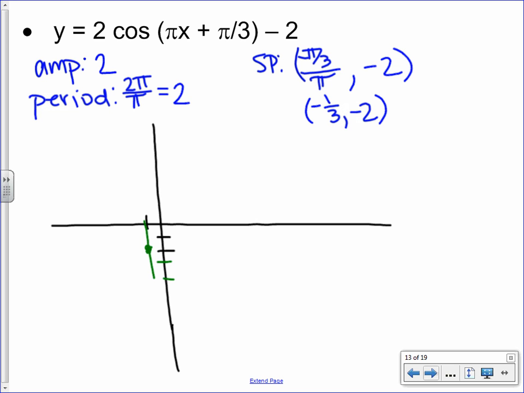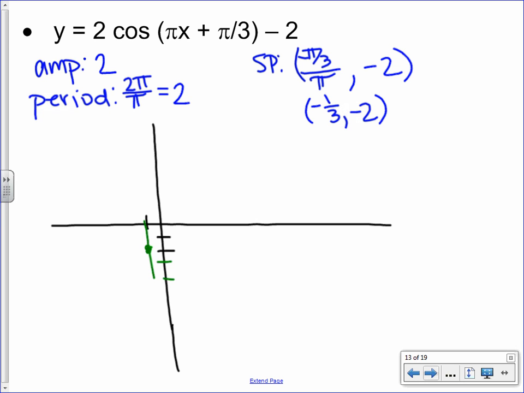How long should our frame be? 2. So if I started at negative 1/3, where will our frame stop? I wasn't sure if I just took it 2 units over from 1/3. Well, if we're at negative 1/3, we want to go 2 units over.